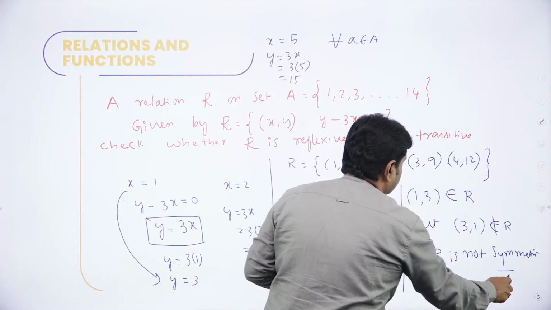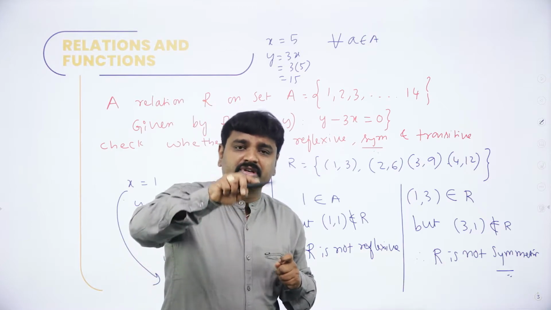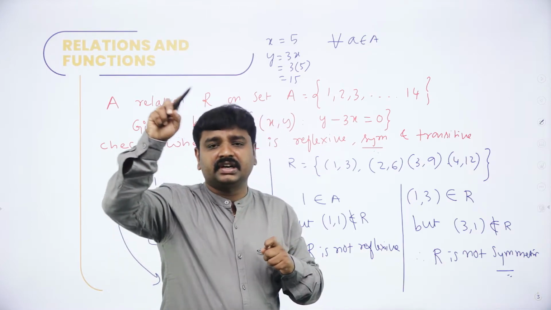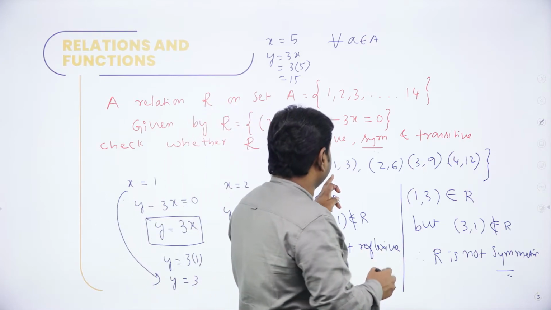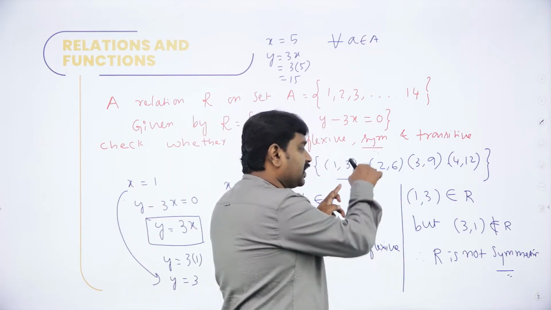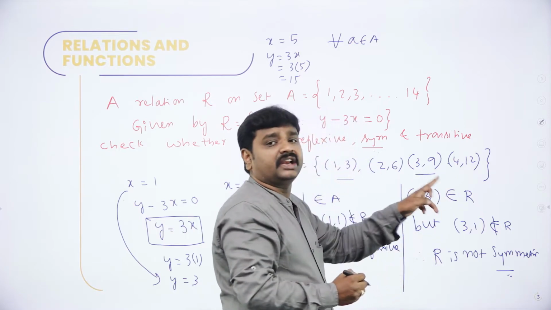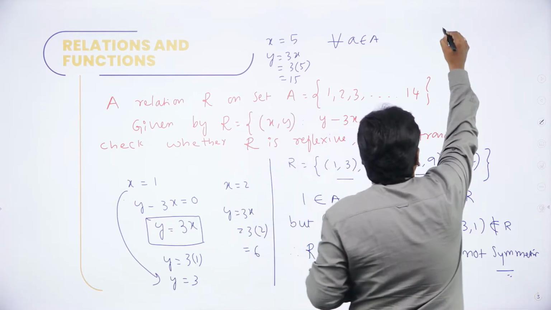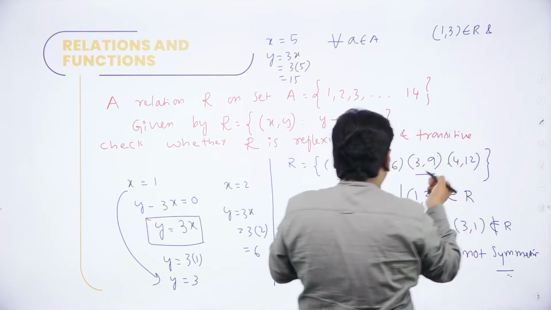Further, we need to conclude transitive. Transitive means what? If first one is related to second and second is related to third, then first and third should be related. So now 1 3, if I take 1 3, pick an element which starts with 3. What is the element starting with 3? 3 9. So I will take 1 comma 3 belongs to R, and the next element I should start from 3.